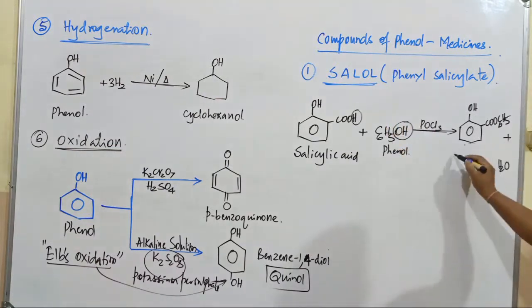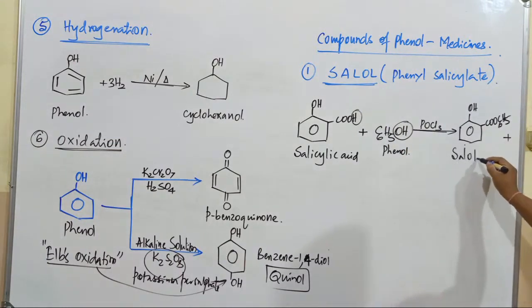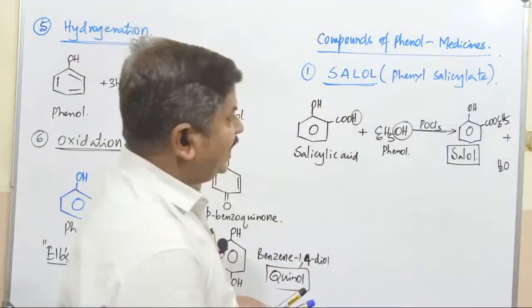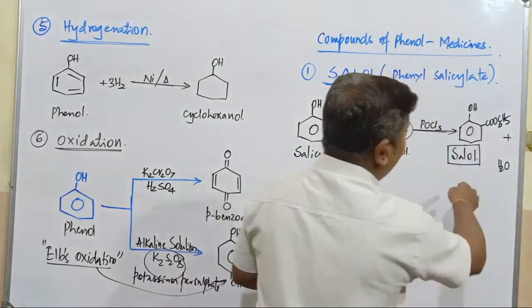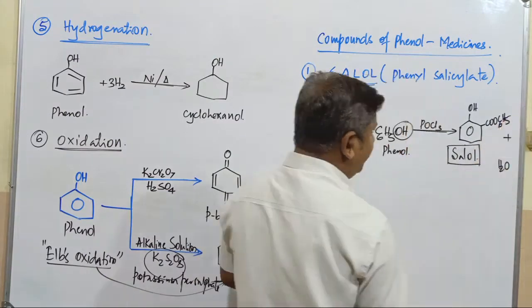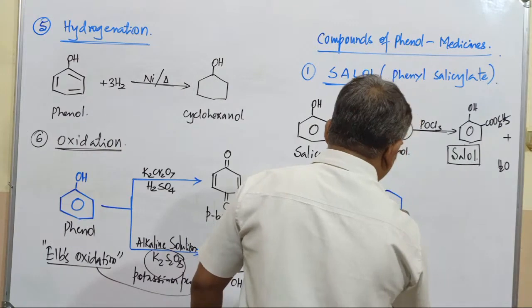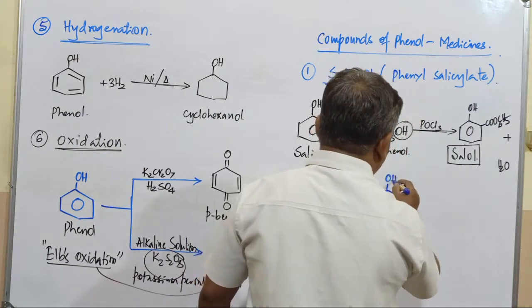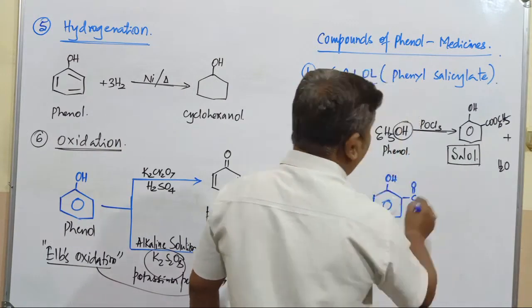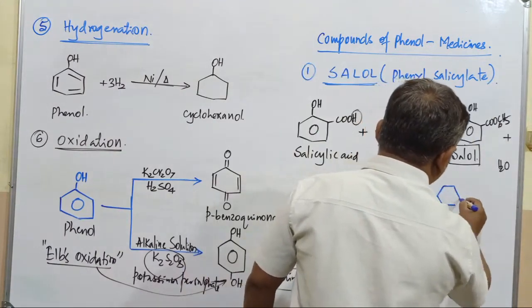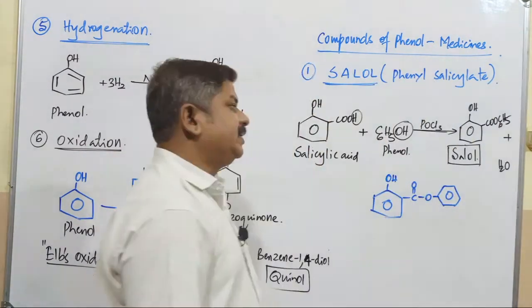So this compound is commonly known as what? It is the compound Salol. Salol is also known as phenyl salicylate compound. This group is called salicylate group except C6H5. So you can write the structure of this compound, if you want to write in cyclic format, this is C double bond O, right? It is O. This is going to be C6H5. So this compound is known as phenyl salicylate.